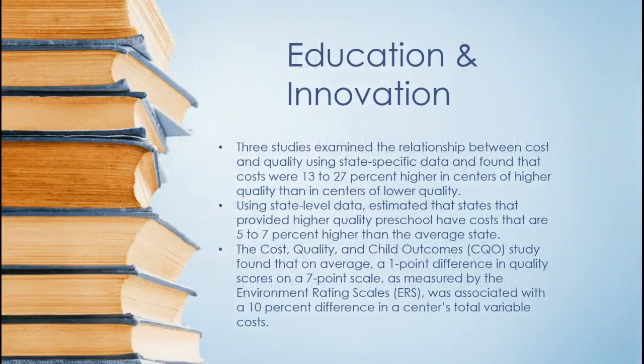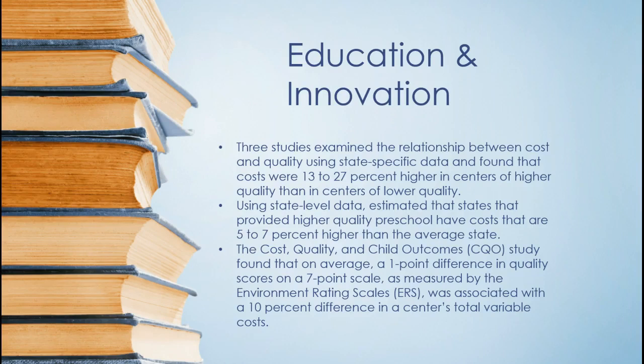Education and innovation. Three studies examined the relationship between cost and quality using state-specific data and found that costs were 13 to 27% higher in centers of higher quality than in centers of lower quality. Using state-level data, one study estimated that states that provided high-quality preschool have costs that are 5 to 7% higher than the average state.